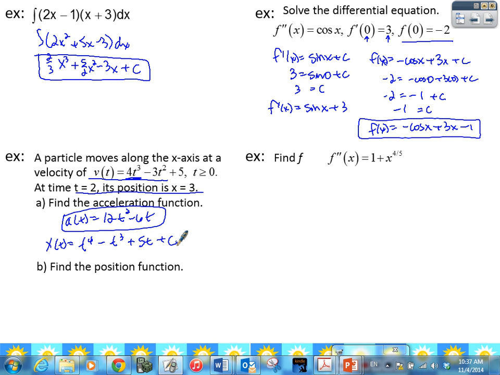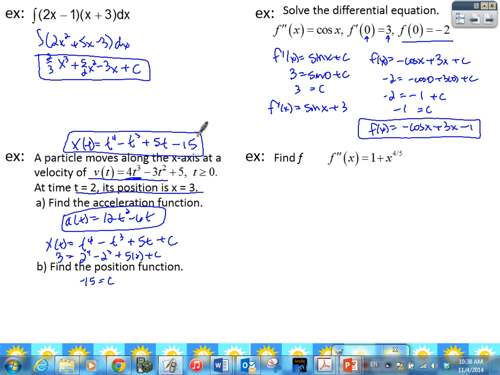All right, so 3 equals 2 to the 4th minus 2 cubed plus 5 times 2 plus c. So we do all of our beautiful arithmetic, and we get c equals negative 15. So then our position, x of t, is going to be t to the 4th minus t cubed plus 5t minus 15. Okay?